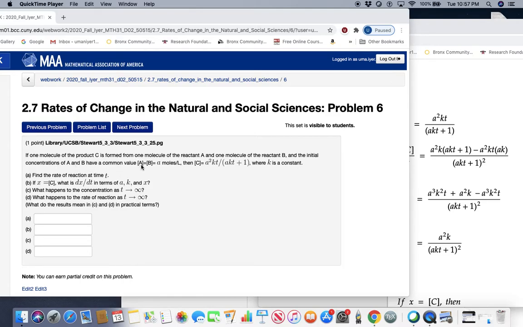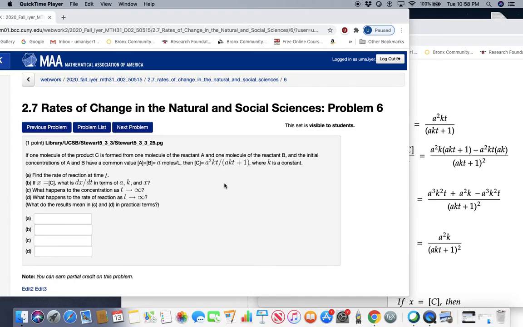So bracket A stands for the concentration of A and bracket B is the concentration of B. It is some a moles per liter. Then the concentration of C, the product you get, is given by this function where k is a constant. The question is, find the rate of reaction at time t.